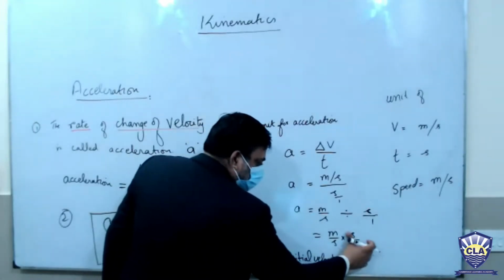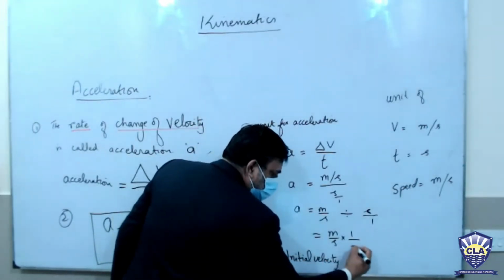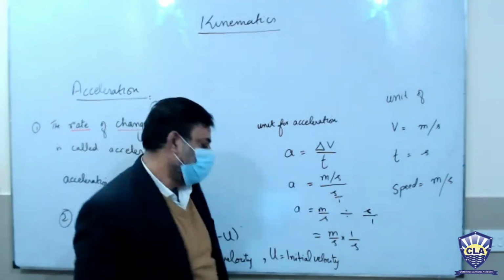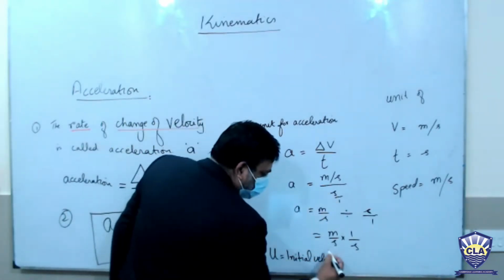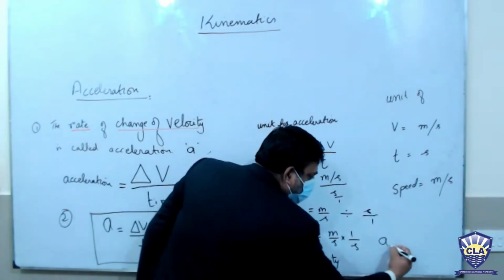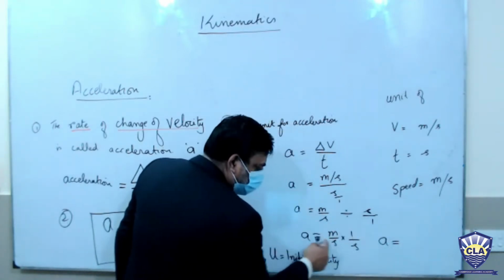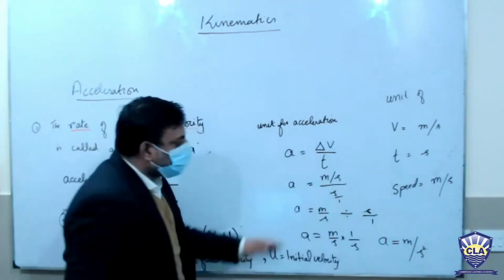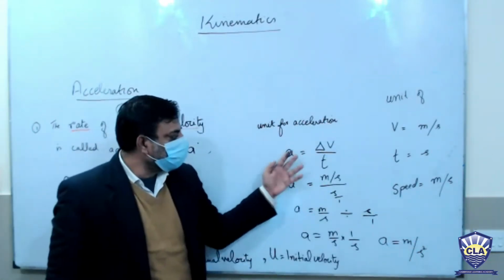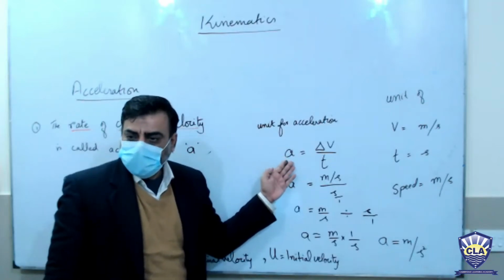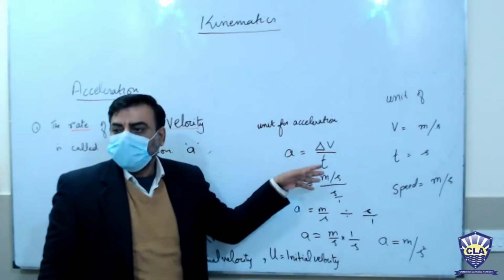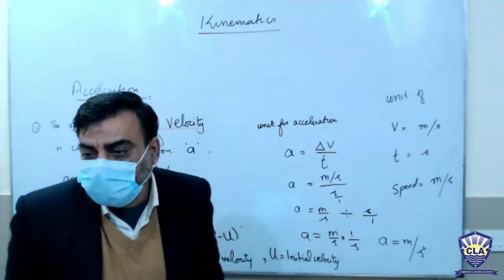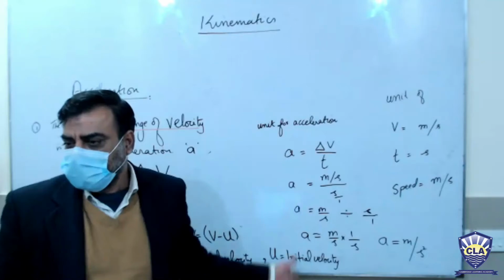Yes. My dears, please correct me if I am wrong anywhere. Okay? One thing. So that means meters per second square. If we don't know the unit of that particular quantity, but we know the expression or formula, then by placing the units there, we can derive the unit.